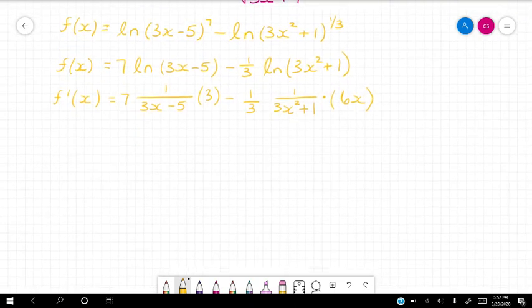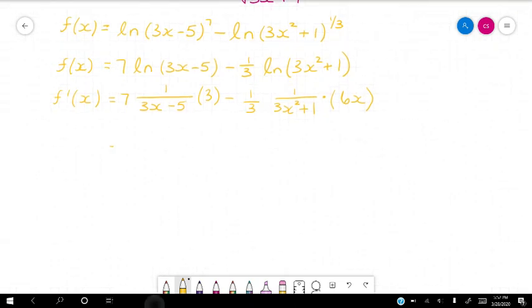Now, of course, we have to clean up everything. So what can we do? So our derivative, what's on top in this first term? We have a 7 times 1 times 3. So 7 times 3 is 21. All right, and then over here, let's see, we're going to keep the minus sign.